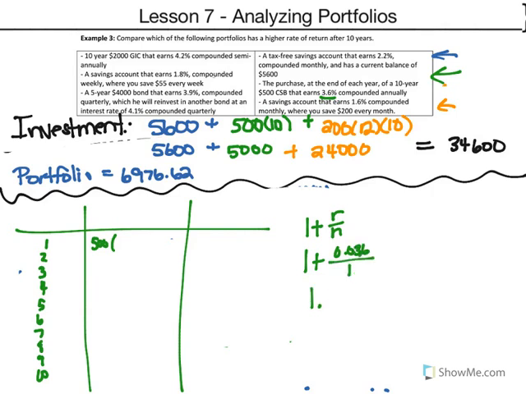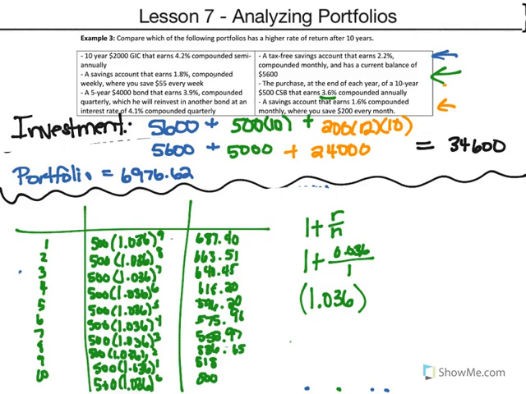So 1.036 is our rate. So 1.036 goes in the brackets, and if it's at the end of each year, this one is held for 9 more years. So the next one will be 500 at 1.036 for 8 years. So pause the video, fill out this chart. So when you fill in the chart, you should get numbers like this.